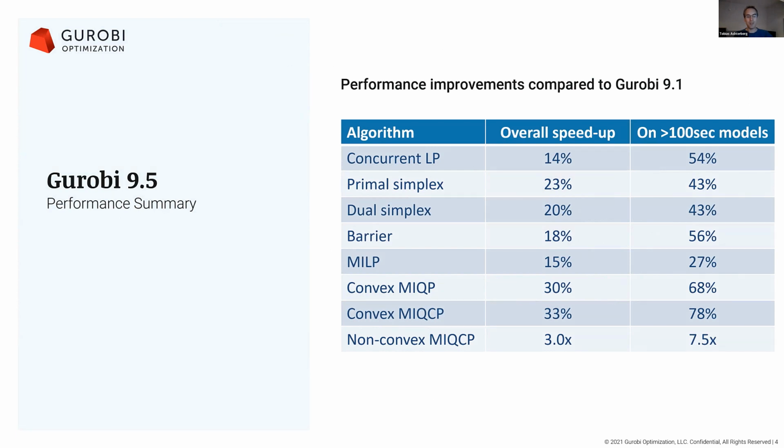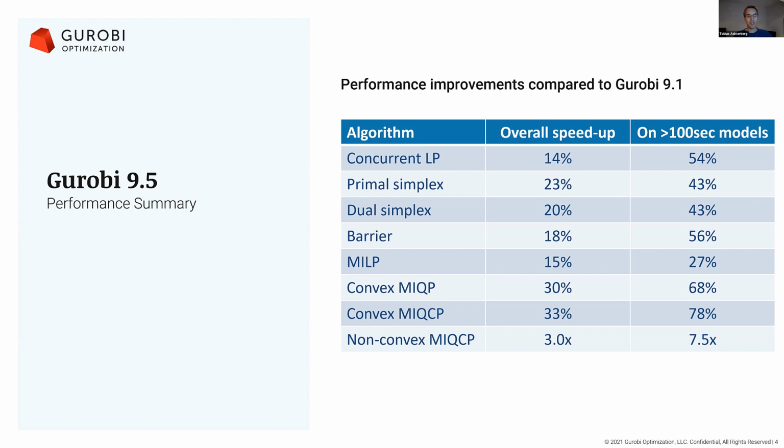And similar numbers you can see for the other three algorithms that are able to solve linear programming problems: primal simplex, dual simplex, and the barrier algorithm. All of them are roughly in the range of 20% improvement overall and 40 to 50% improvement on the harder models.